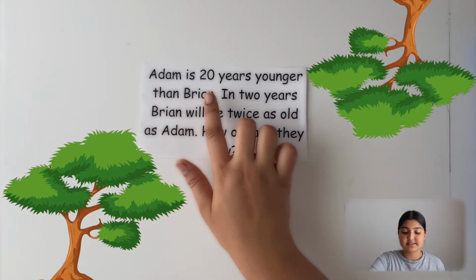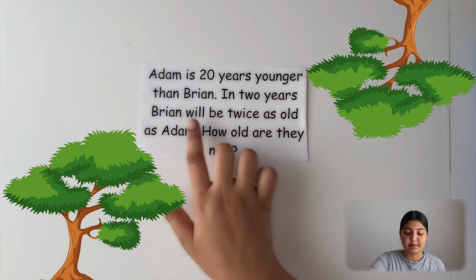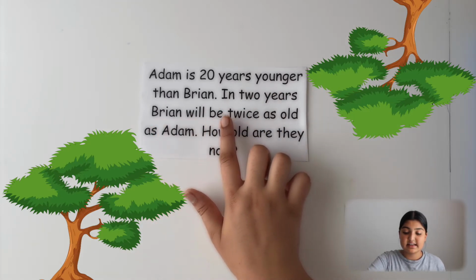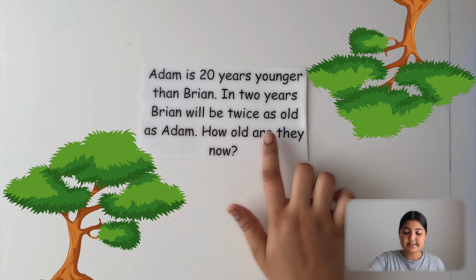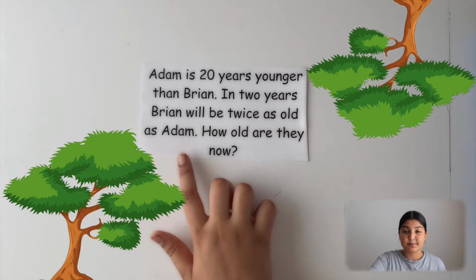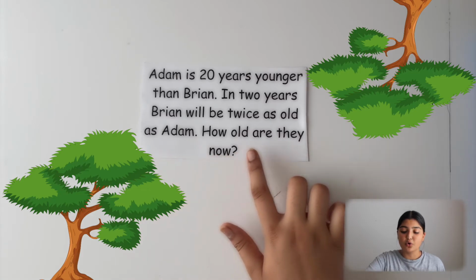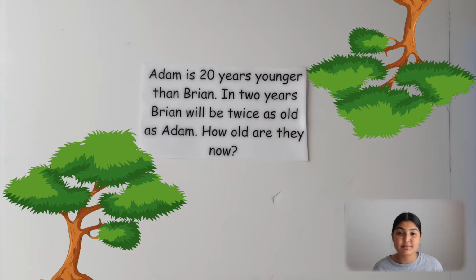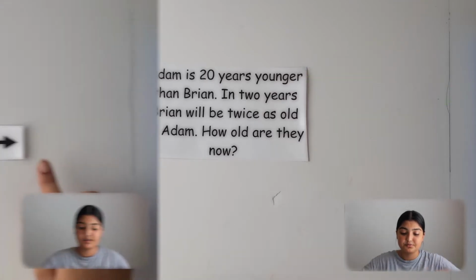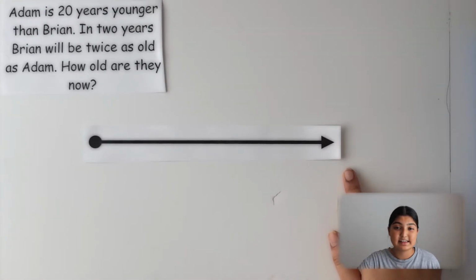Adam is 20 years younger than Brian. In 2 years, Brian will be twice as old as Adam. How old are they now? Just like before, let's use a number line and understand this question. Here is our number line.